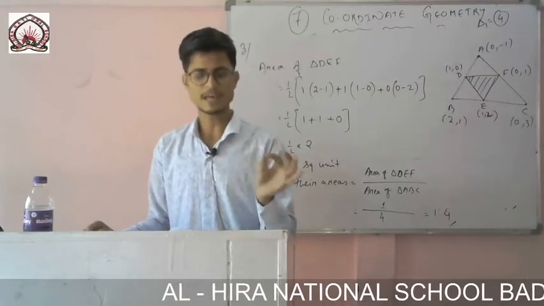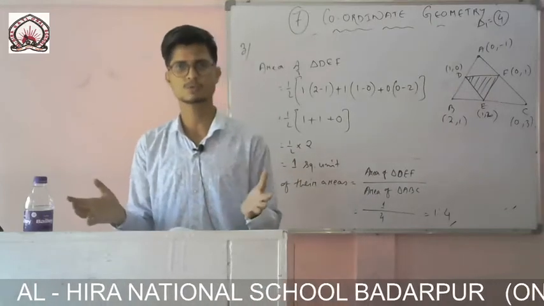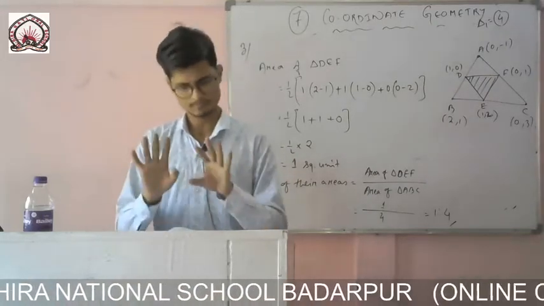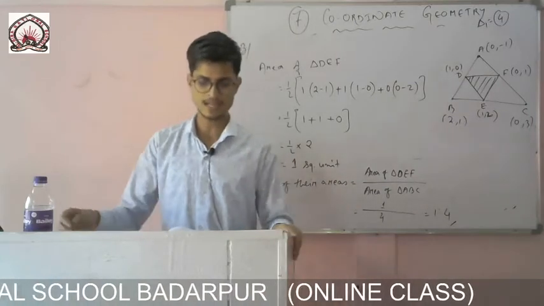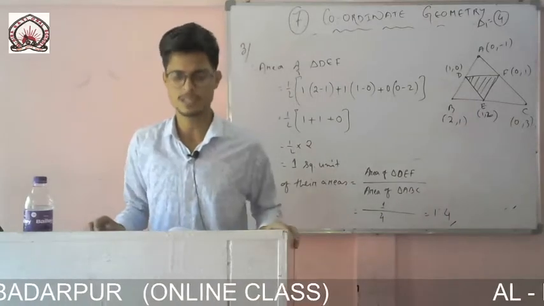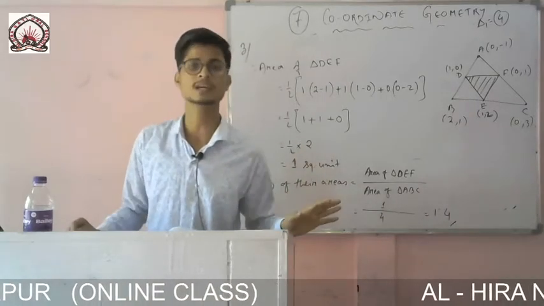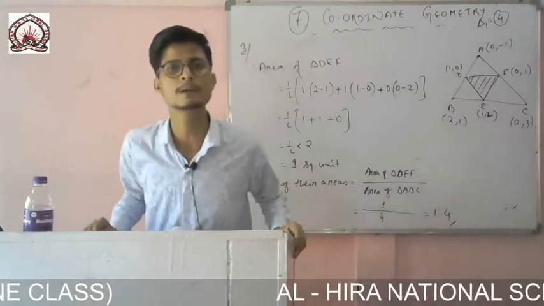So if the answer comes minus 2, don't get confused in exams. Minus 2 came, what to write? Answer may come minus, okay, but after that you write like this, that since the area is a measure which cannot be negative, it is a measurement, so we'll take the numerical value of minus 2 as plus 2. So therefore the area of the triangle will be 2 square unit.